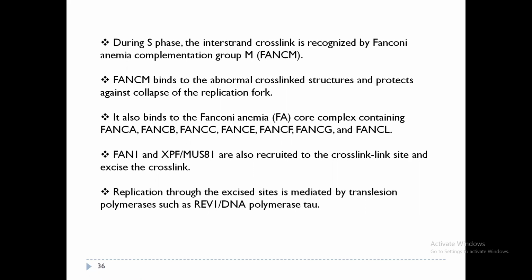It also binds to the Fanconi anemia core complex containing FANCA, FANCB, FANCC, FANCE, FANCF, FANCG, and FANCL. FAN1 and XPF-MUS81 are also recruited to the crosslink site and excise the crosslink. Replication through the excised sites is mediated by translesion polymerases such as REV1 or DNA polymerase.